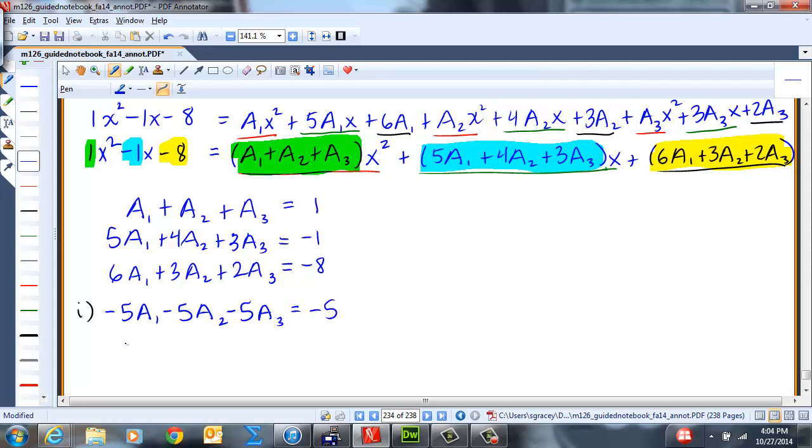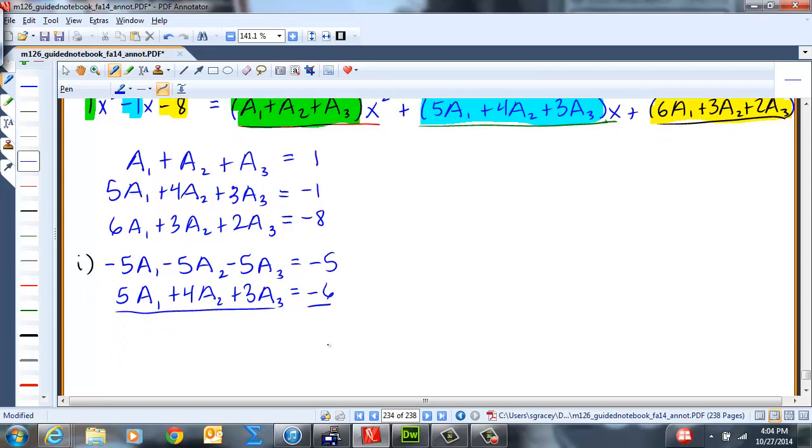And I'm going to add that to the second equation. The a1s will zero out. We'll get negative a2 minus 2a3 equals negative 11. So we'll keep that equation in mind.